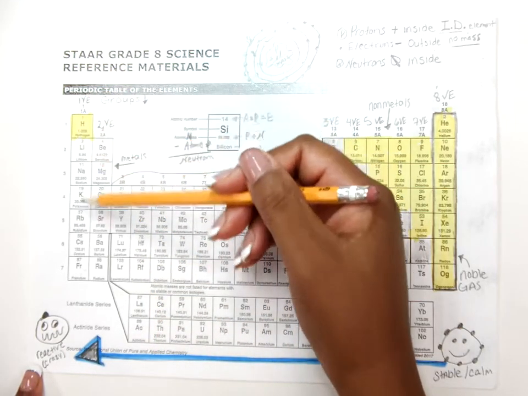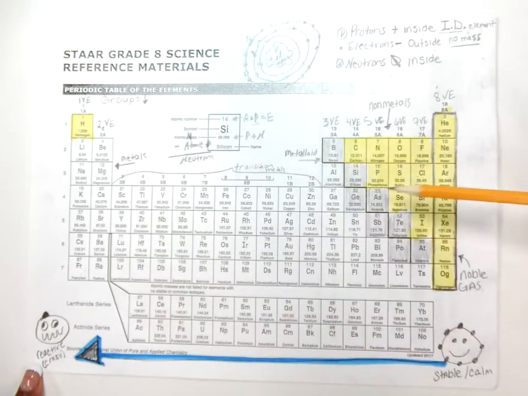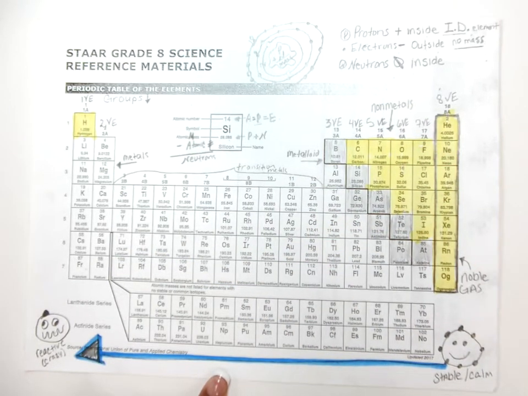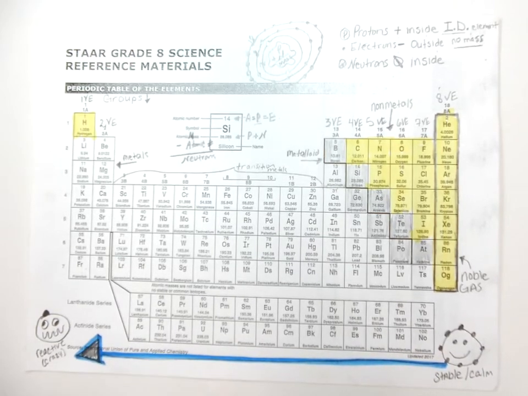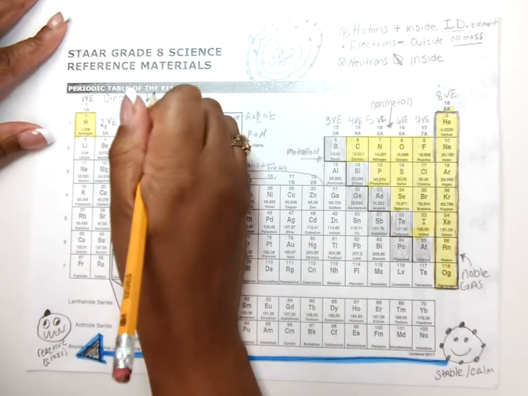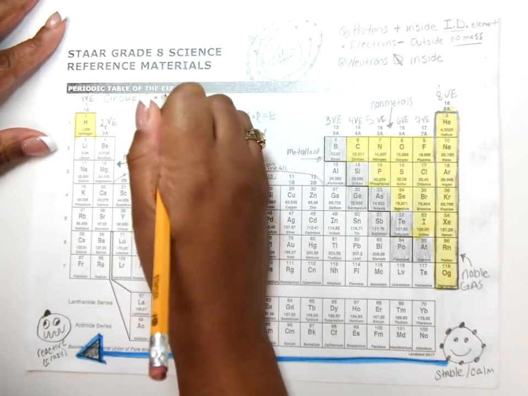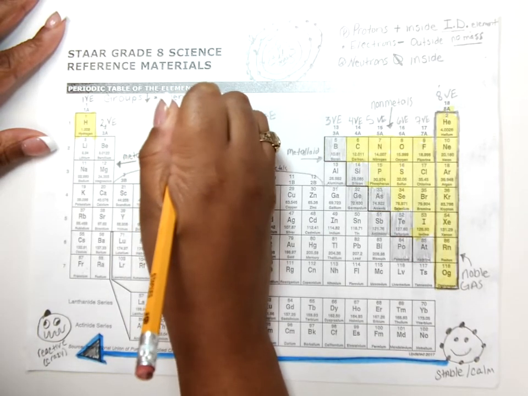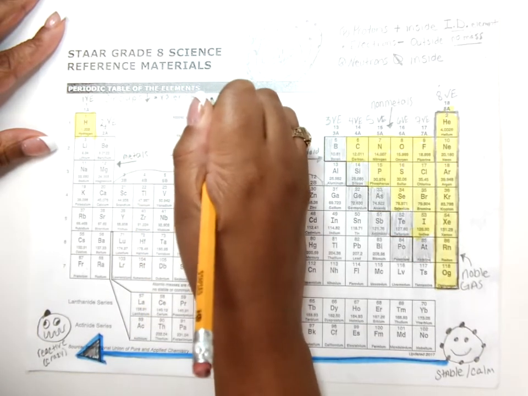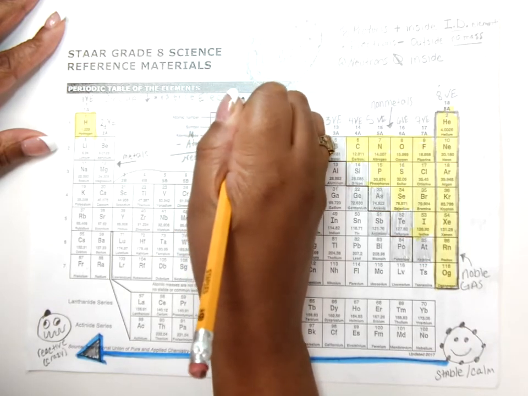All of these have 1, all of these have 2, and so on. So the stable ones have all they need. They have all 8 valence electrons. So that's groups. Groups equals valence electrons.